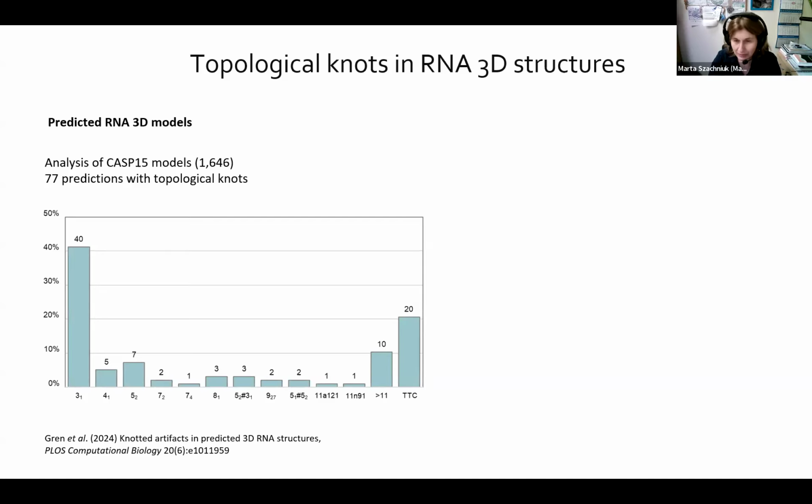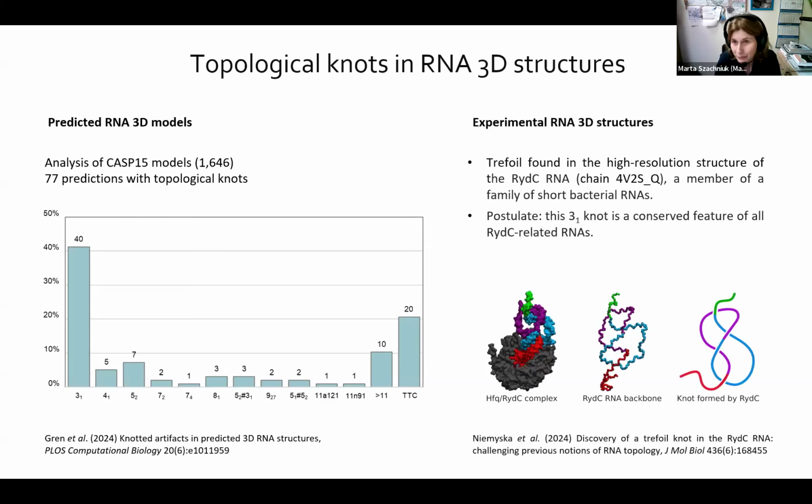Okay, as for topological knots, we also know that recently, a year ago, the first topological knot was found in an experimental RNA 3D structure, in a structure that was determined in high resolution. So we can say that this is now confirmed: RNA structures can include topological knots.